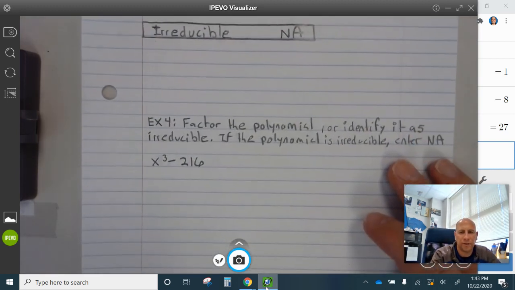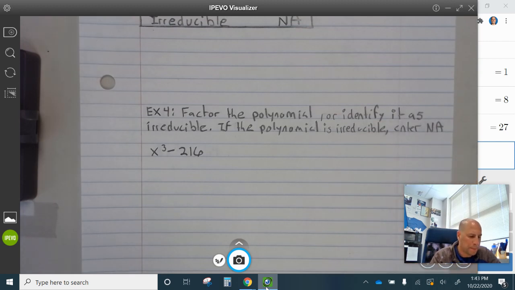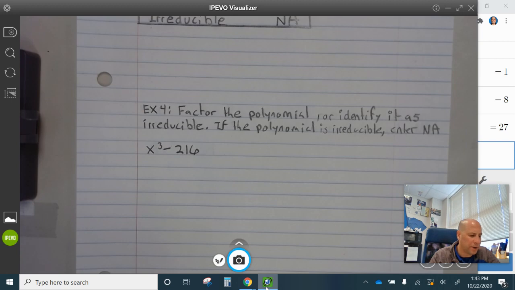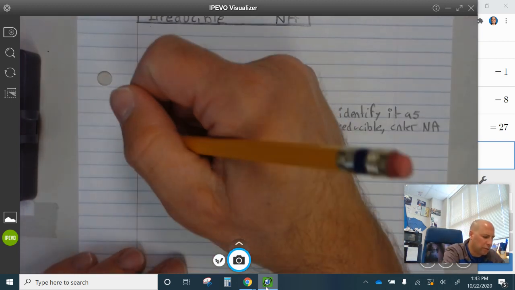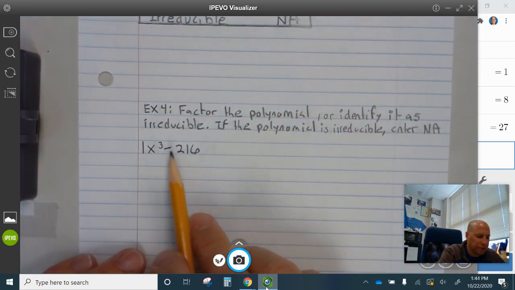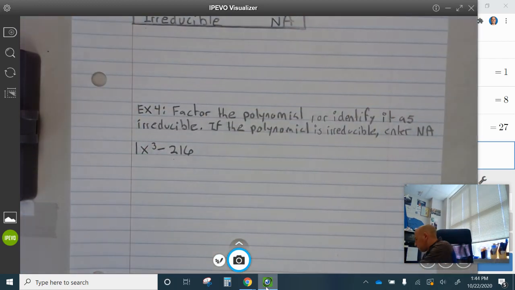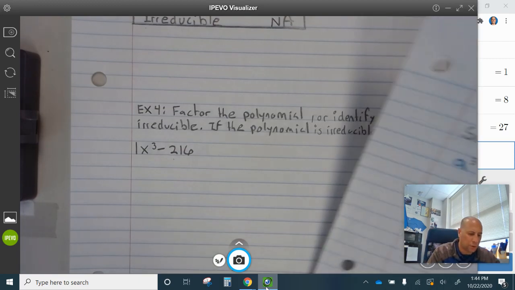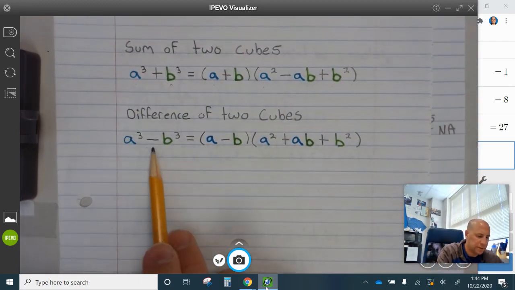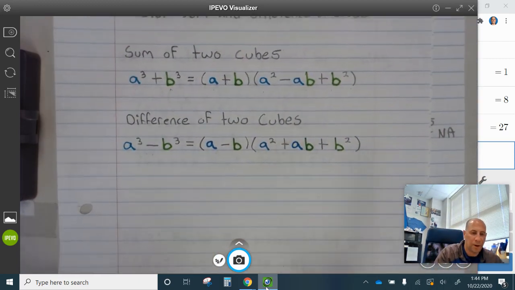All right, now let's take a look at example 4. Factor the polynomial or identify it as irreducible. If the polynomial is irreducible, enter NA. Okay, so now this is a difference of cubes. So we know we're using this.